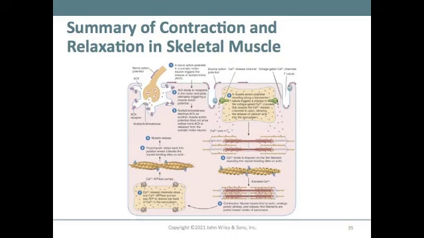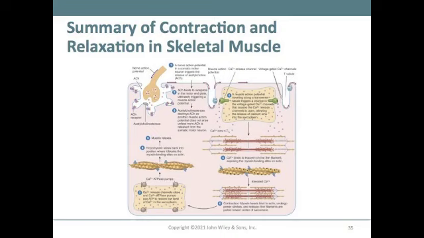ATPase is actually an enzyme that catabolizes ATP. So there's going to be more energy released, and then this tropomyosin slides back into the position where it blocks the binding of the actin site, and then we relax. So that's this slide in a nutshell.